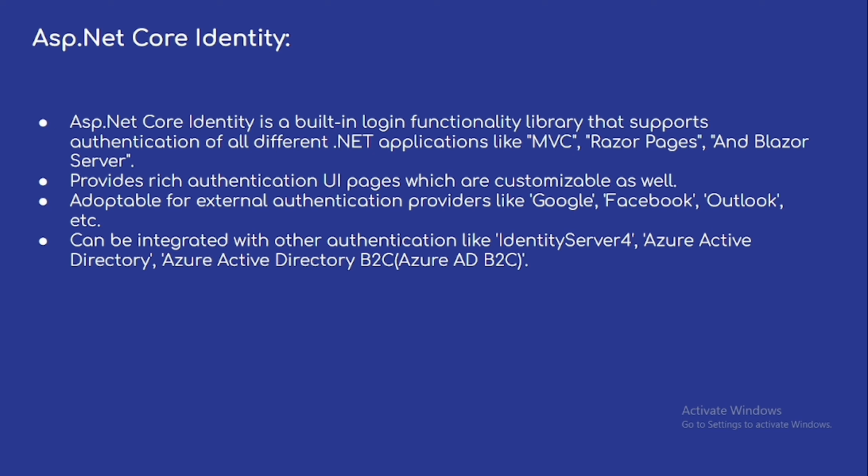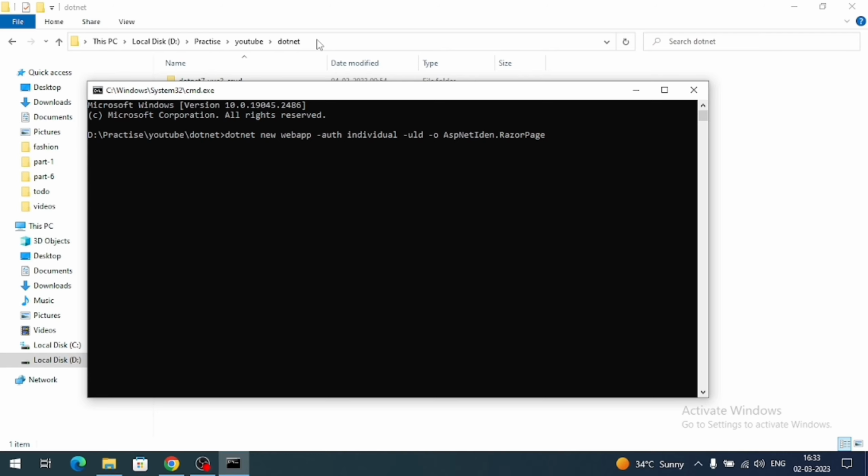So to implement authentication, I am going to create one Razor Page application with authentication enabled by default. Okay. So for this demo, I am using a .NET 7 Razor Page application to display the ASP.NET Core Identity authentication flow.